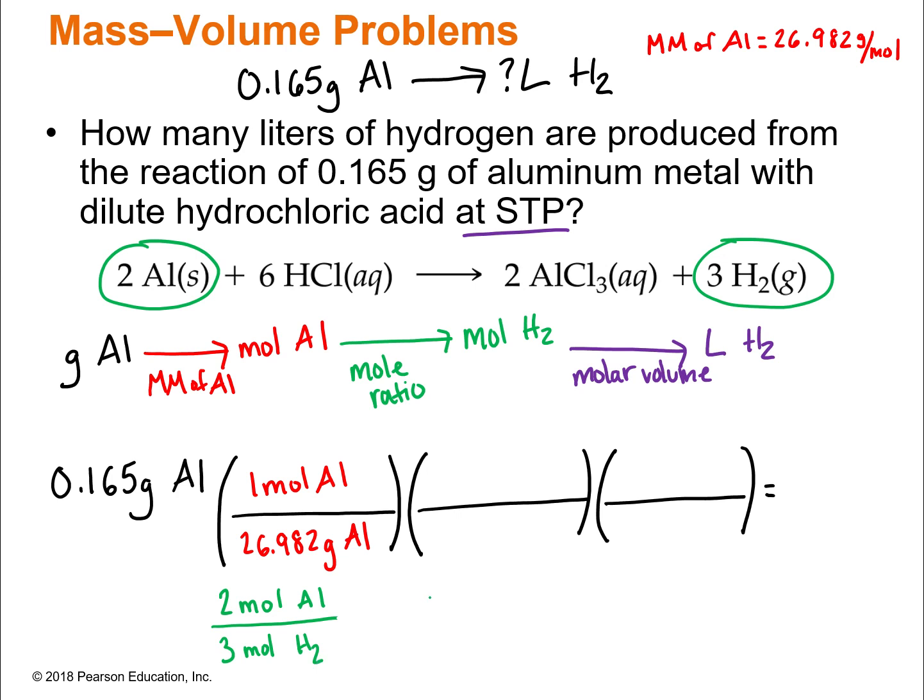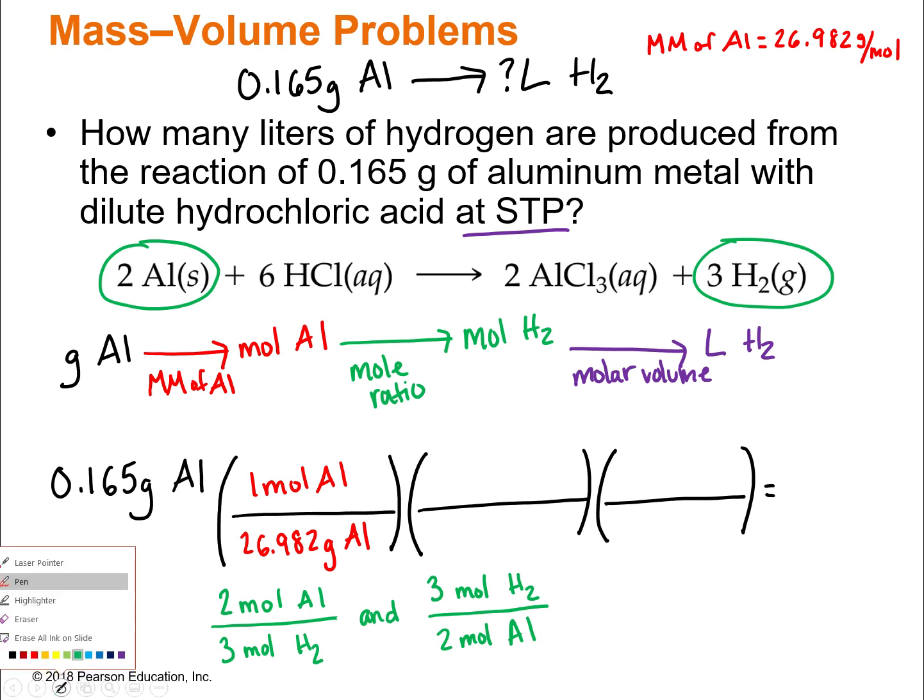There's 1 mole ratio. There's the other. We need to use the one that's going to get rid of aluminum and leave us with hydrogen gas.